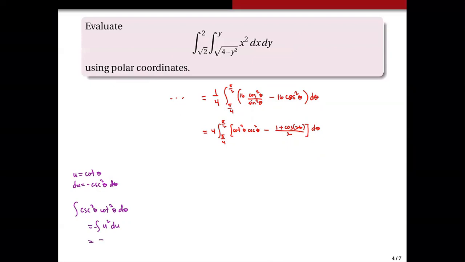So this is just negative u cubed over 3 plus c. Okay? And then we bring back cotangent theta. So for this guy here, we will have 4 times negative cotangent cubed theta over 3, evaluated from pi over 4 until pi over 2.